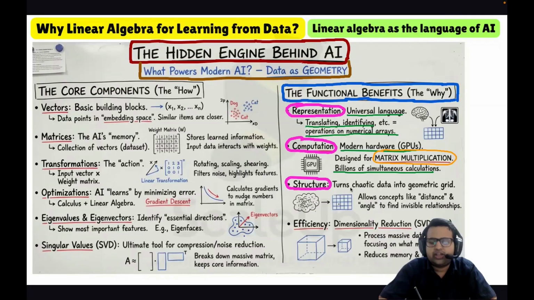Structure. Linear algebra turns chaotic, unstructured data into a rigid geometric grid, because with linear algebra we are treating data as geometry. This structure allows us to use concepts like distance and angle to find relationships between data points that would be invisible to human eyes.